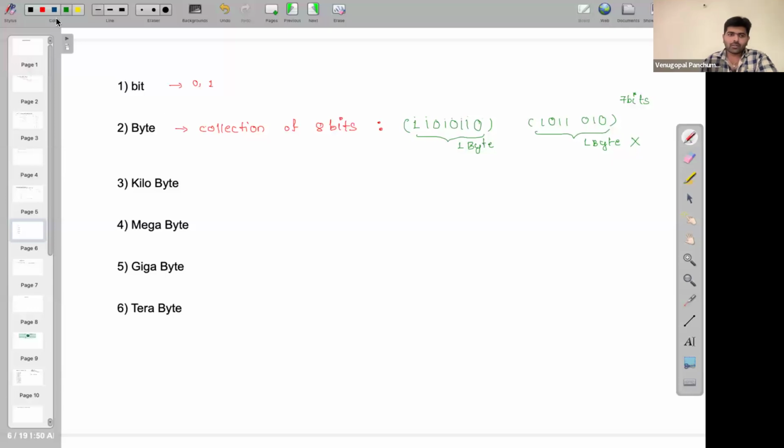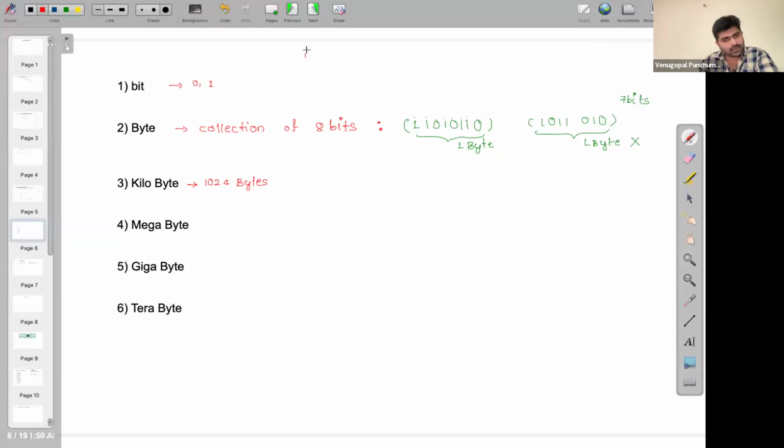Okay. Next, you need to understand what a KB is. What is a kilobyte? 1 kilobyte is nothing but 1024 bytes, friends.